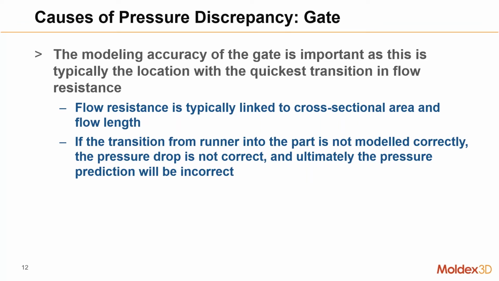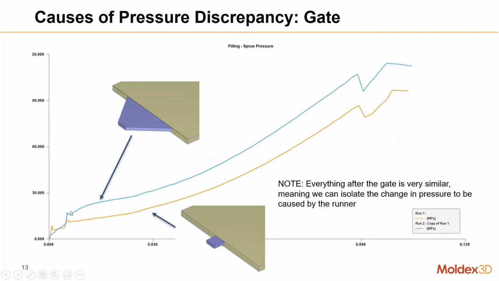As the flow length increases, the amount of pressure drop over that flow length also increases. So if our gate is not modeled appropriately, if we have a different cross-sectional area, there's no way we can expect that the pressure drop through that gate is going to be accurate. All right, so we always want to make sure that the gate is modeled in appropriately.